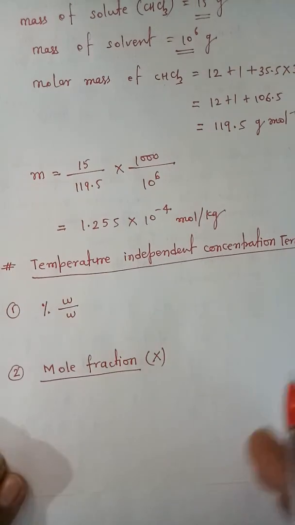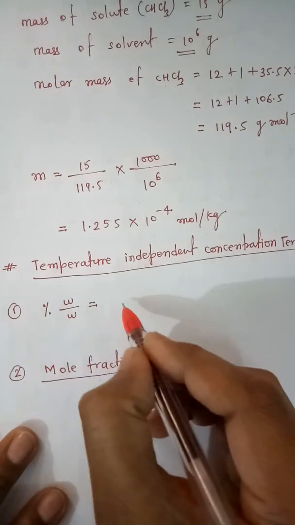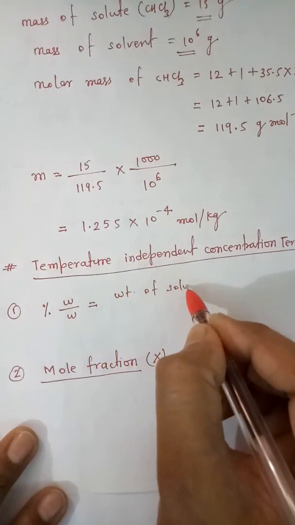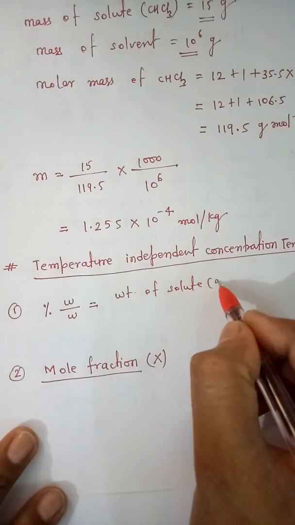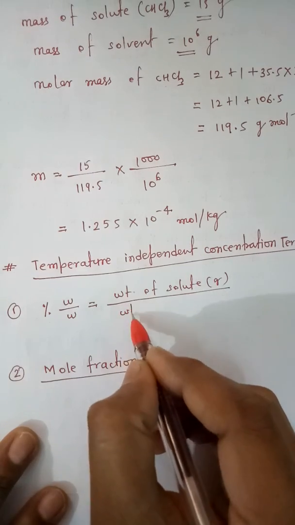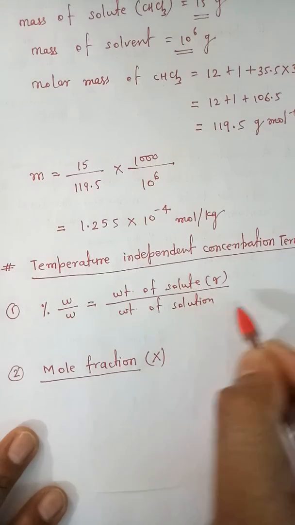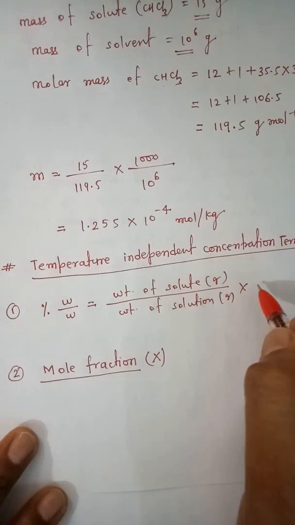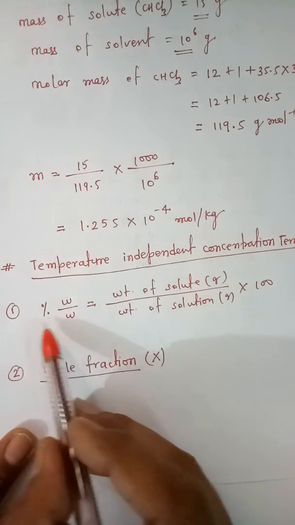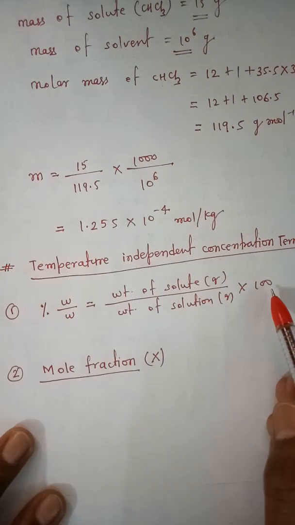So percent weight by weight can be defined as the weight of solute in gram upon weight of solution in gram, multiplied by 100. This is the definition of percent weight by weight.